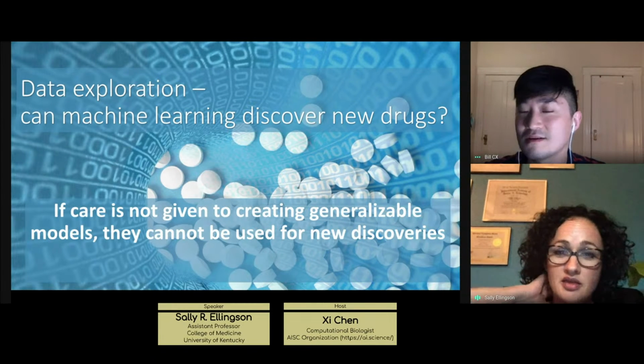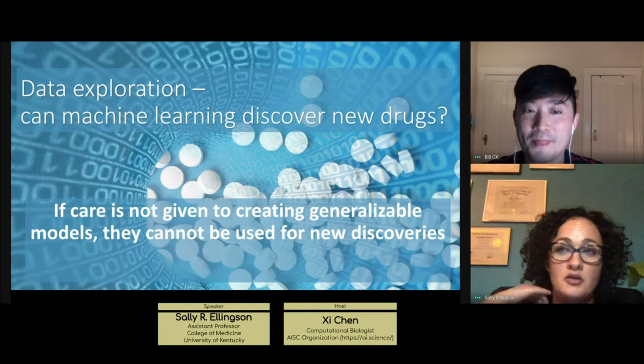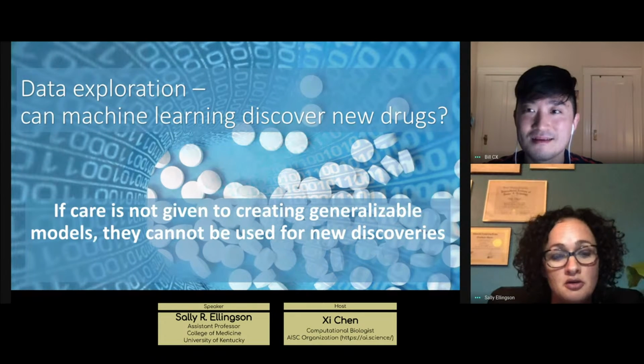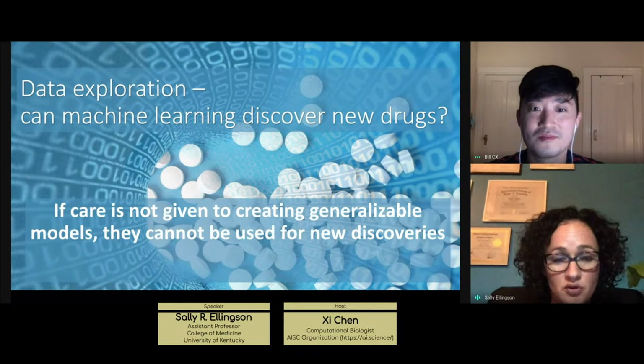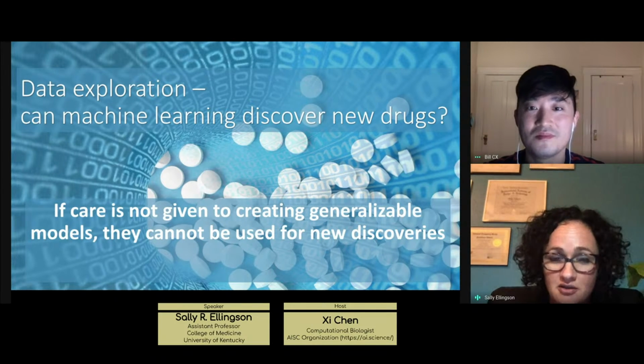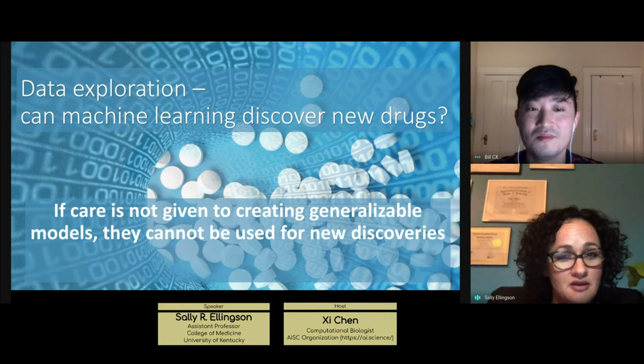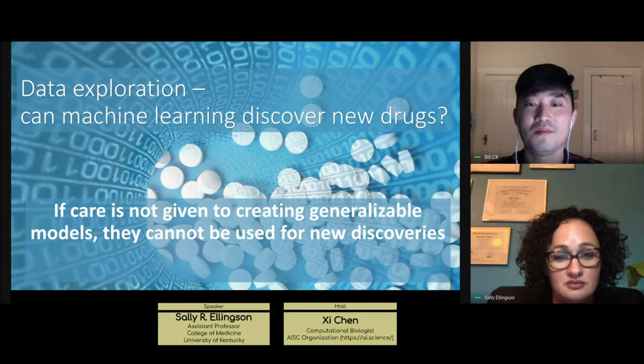I think that creating new ways of inputting three-dimensional structures and really encoding what's happening on a physical and chemical level is going to be important to make generalizable models, and not particular features that can just be quickly generated with informatics type software, and that we're really still working on that.